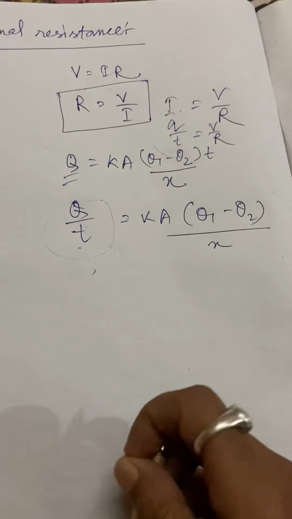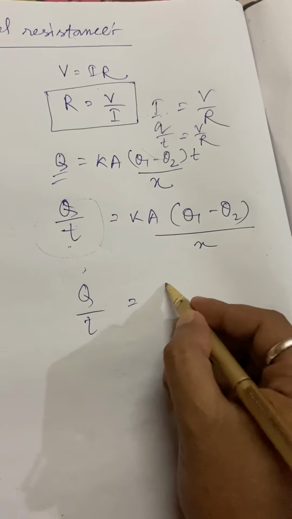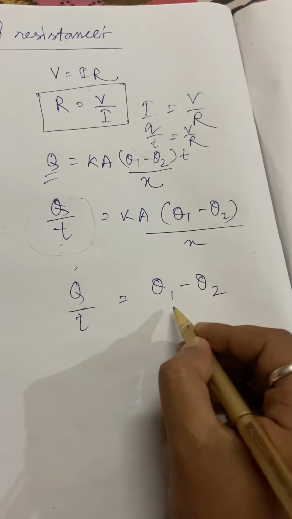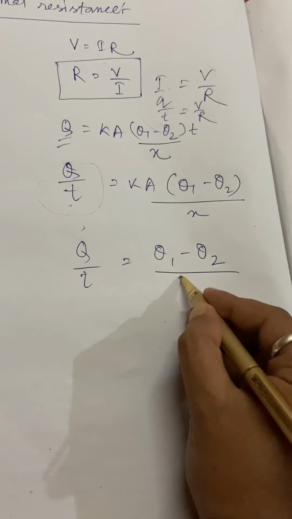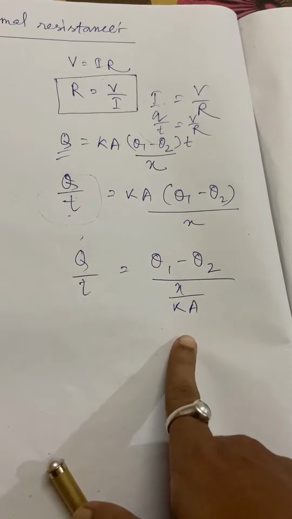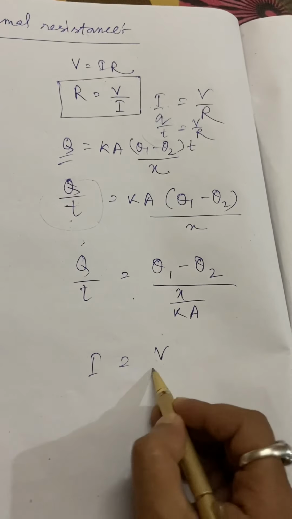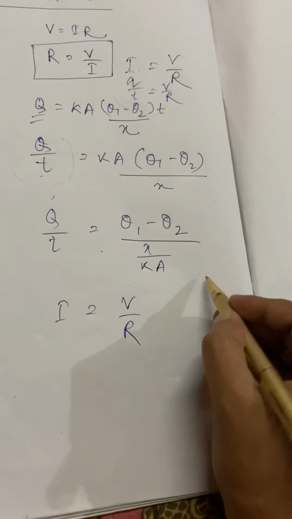Okay, now Q by T, rewrite this equation like this: (theta 1 minus theta 2) divided by X by Ka. We can write this equation like this, and I equals V by R. Now compare these two equations.